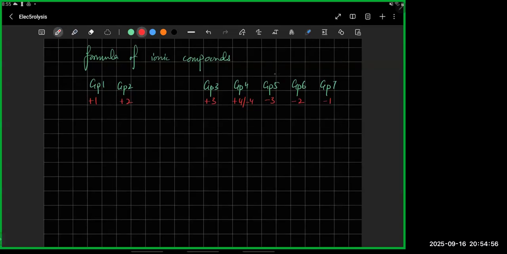Non-metals are on that side. And metals are on the left side of the periodic table. Right in the middle, you have your transition metals.